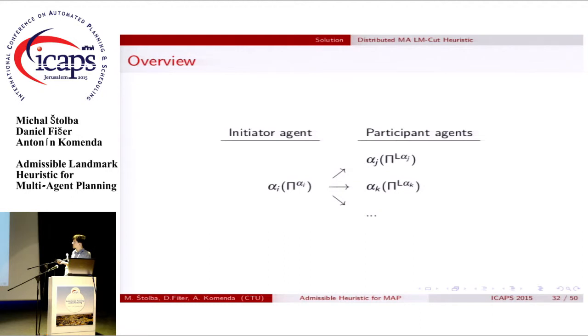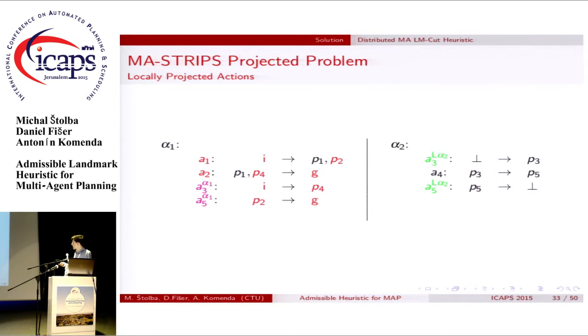And the other agents, we call participant agents, will work on kind of complement of this, which we call local problem, which is even more restricted. The local problem consists only of actions of the agent, but the public actions are actually stripped of the public facts. So here we can see that there are only the private facts in the problem.